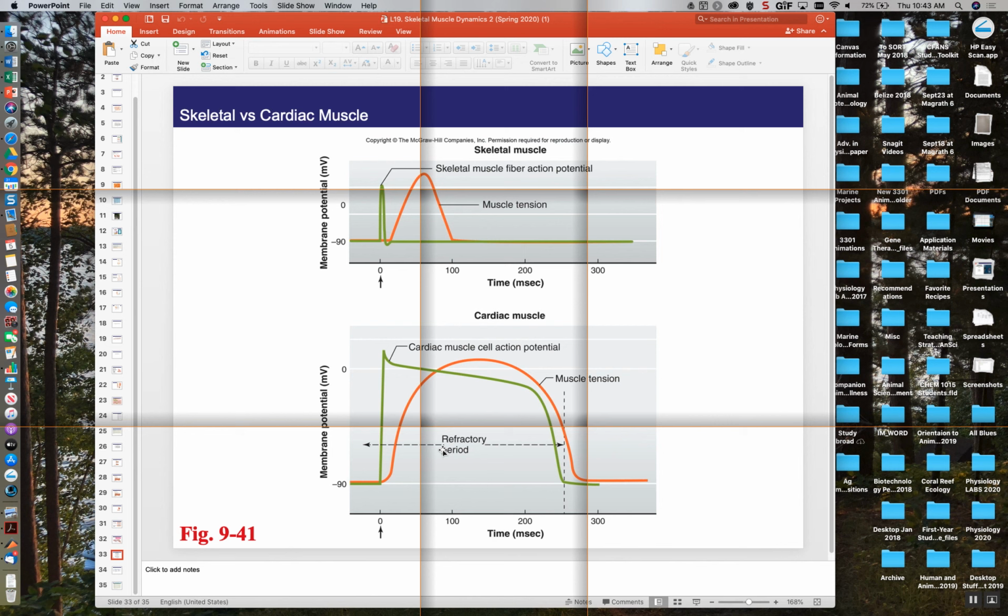So first, I want you to think about all 4 relationships that we were talking about earlier: intensity-force, frequency-force, length-tension, or load-velocity. Which of these relationships is going to be affected by this prolonged refractory period? You can talk to your neighbors. Let me know what you think. First, you have to remember what the refractory period is.